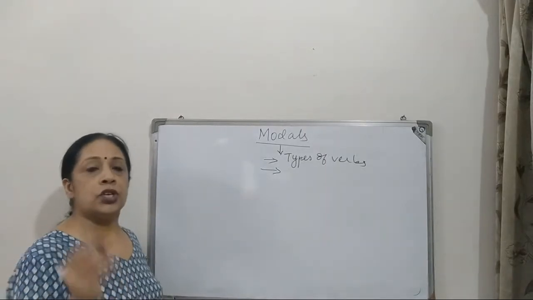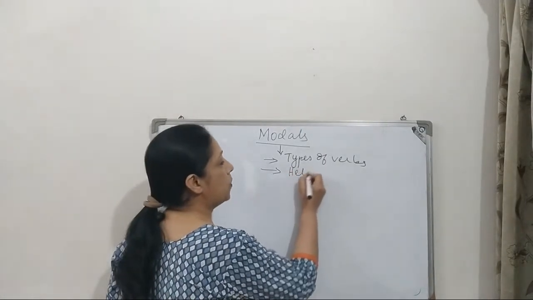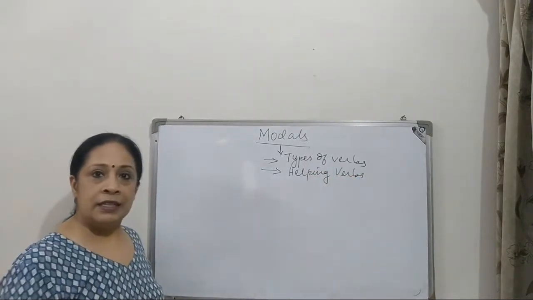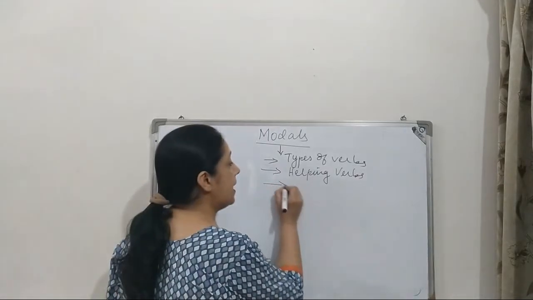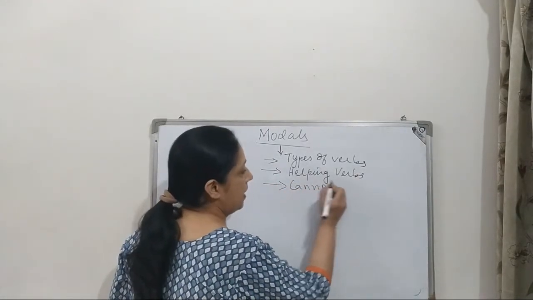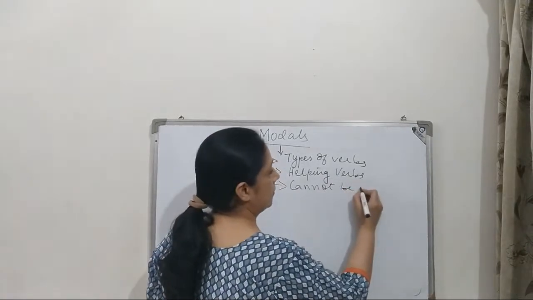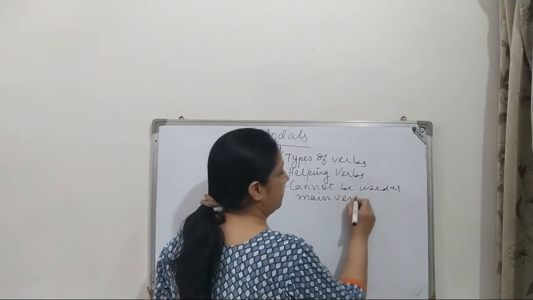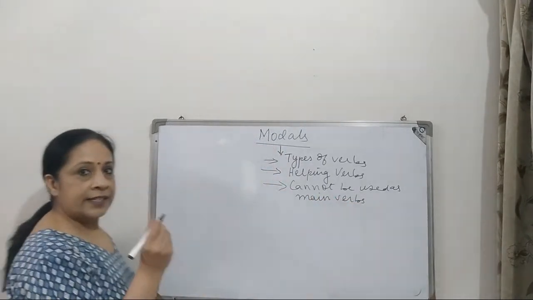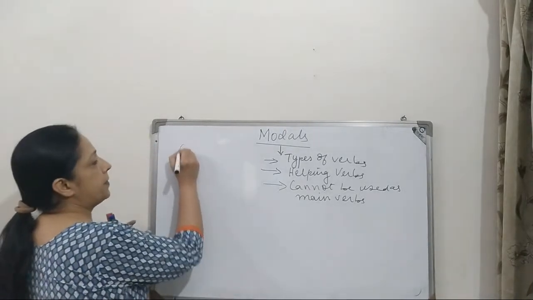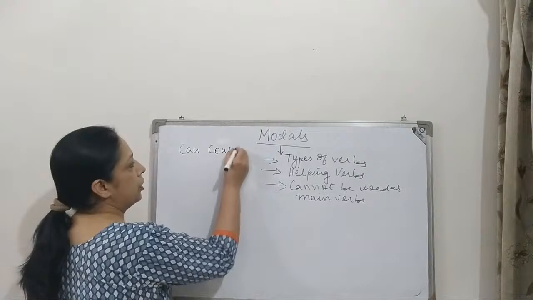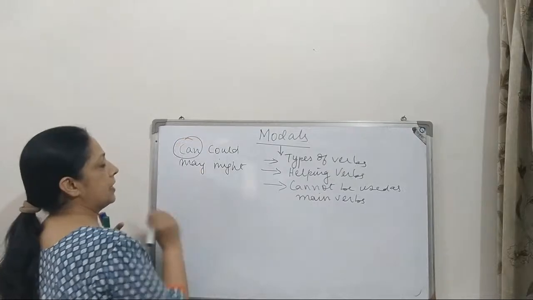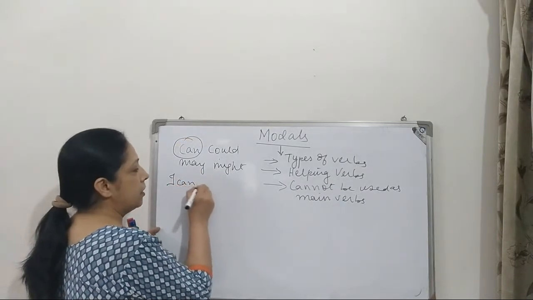They are used only as helping verbs. They cannot be used as main verbs. For example, we have can, could, may, might. If I have to use can, I will say I can swim.